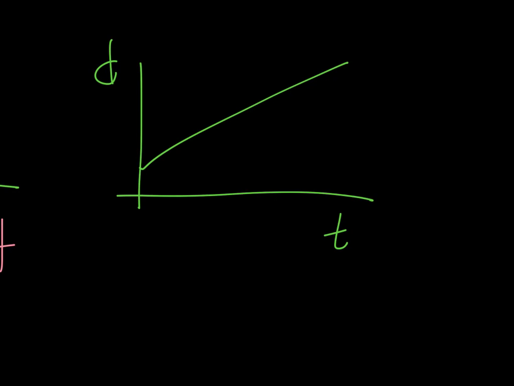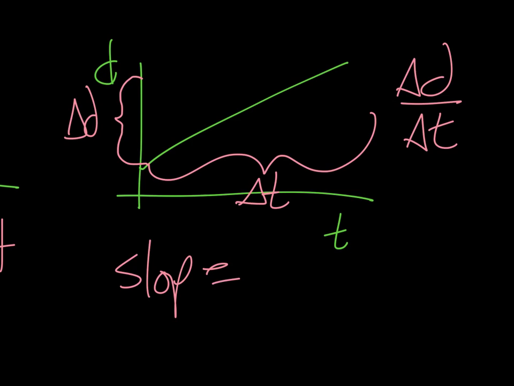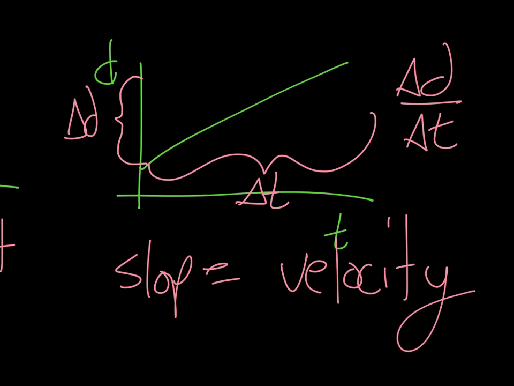What did we say this slope represented? We said it represented speed, and we got that because our y is a change in distance, and our x is our change in time. So we had our change in distance over time, and so our slope was our velocity or speed. Now, this is important as far as your understanding of where we go from there. Understand the reasoning behind this.